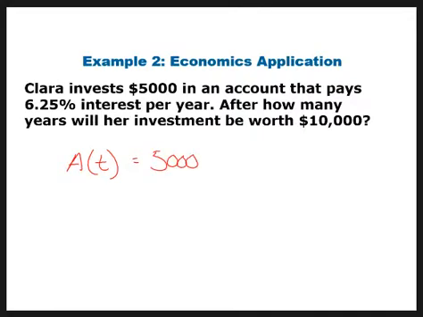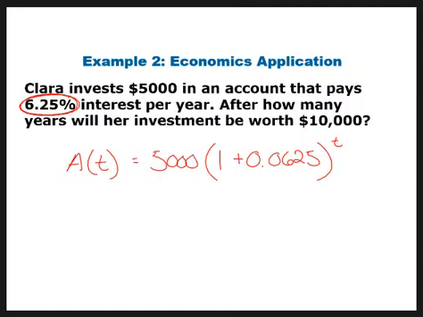And then because it's supposed to grow, it's going to be 1 plus our percentage, which we represent as a decimal, 0.0625, and then our exponent would still be a t up there.